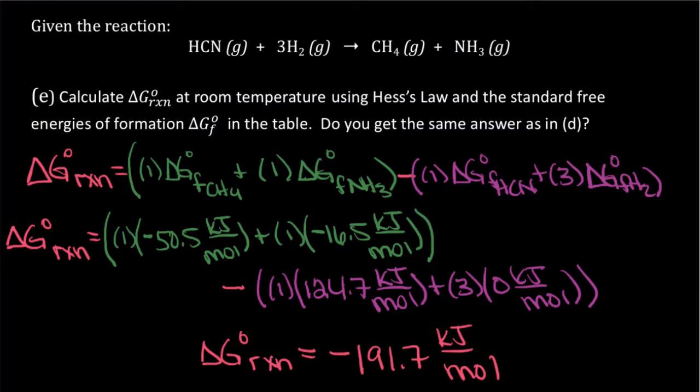So it really doesn't matter which one we use. The other one took 2 steps to find the enthalpy change for the reaction and the entropy change for the reaction. And this way we looked it up directly from the Gibbs free energies of formation. So whichever method you choose probably depends on the information that you have at hand.